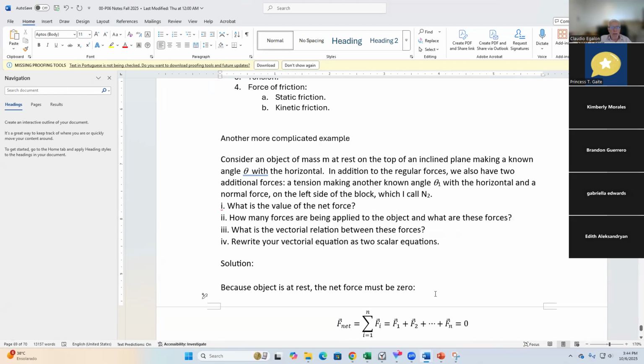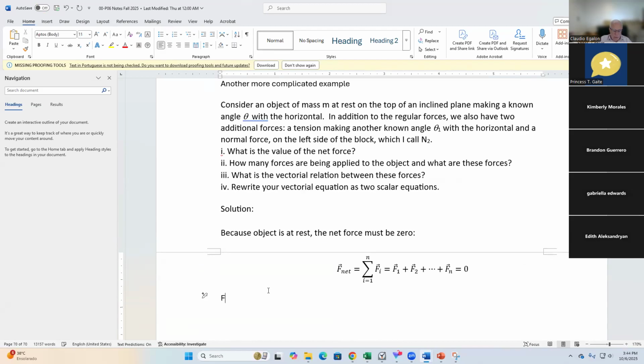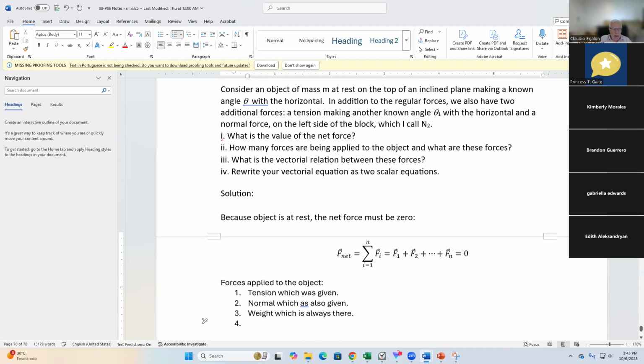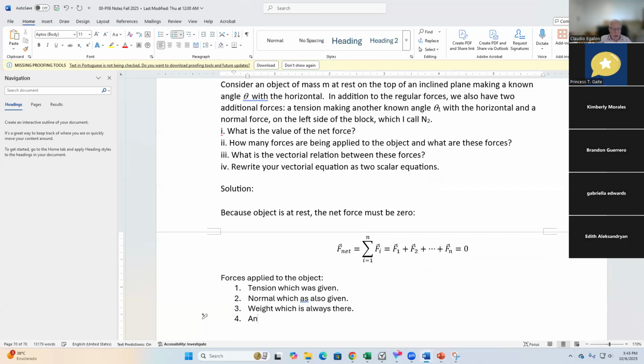How many forces are applied to the object? Forces applied to the object. 1, tension, which was given. 2, normal, which was also given. 3, weight, which is always there. 4, another normal force due to the surface where the object rests.